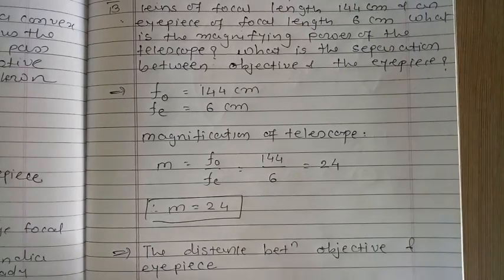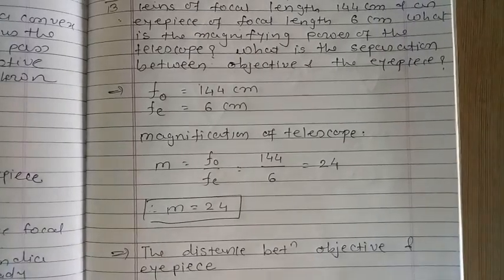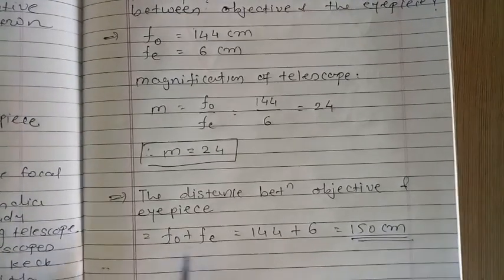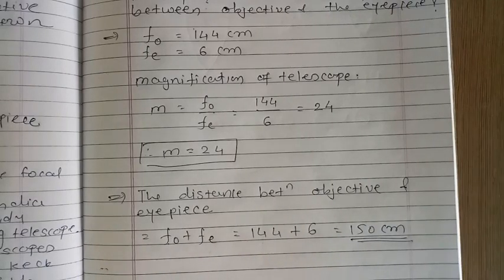Value of FO 144 plus FE 6, so 150 centimeter, right? So the distance between objective and eyepiece is 150 centimeter. Okay, thank you.